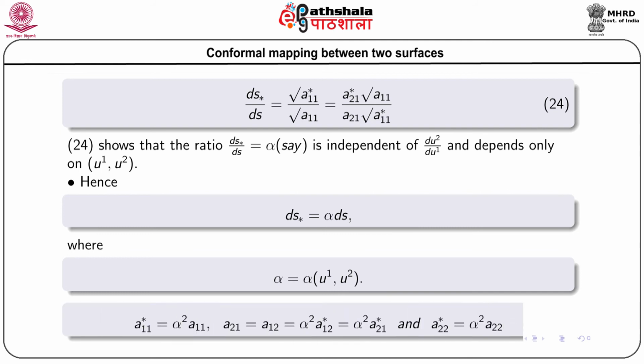So, A11 star will be equal to alpha square A11, A21 equals A12 equals alpha square A12 star equal to A21 star, and A22 star will be equal to alpha square A22.